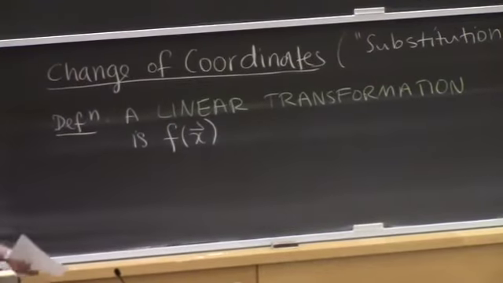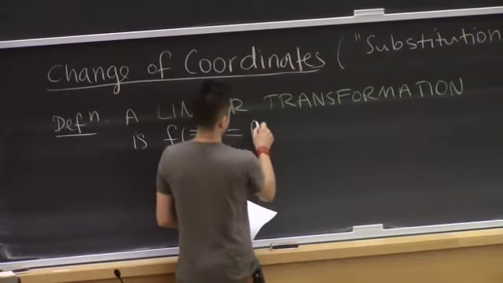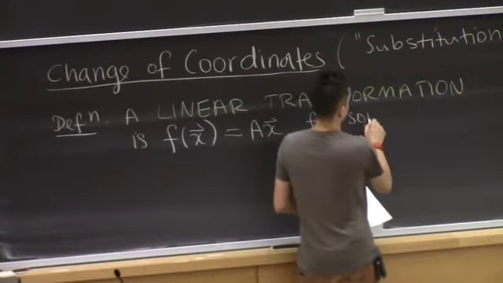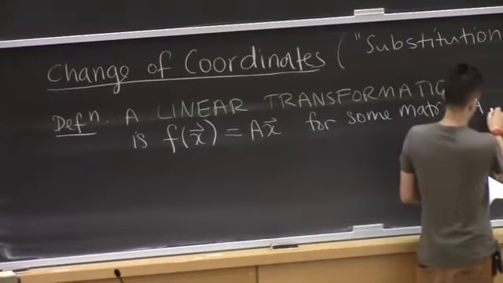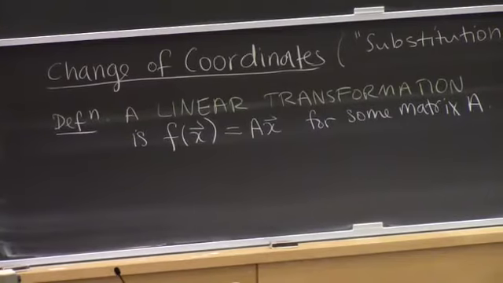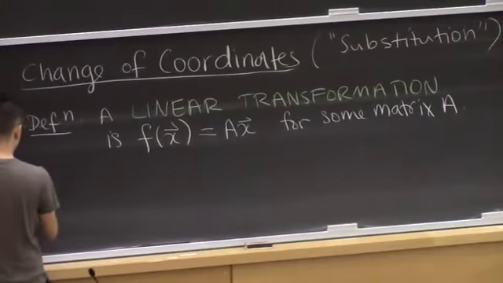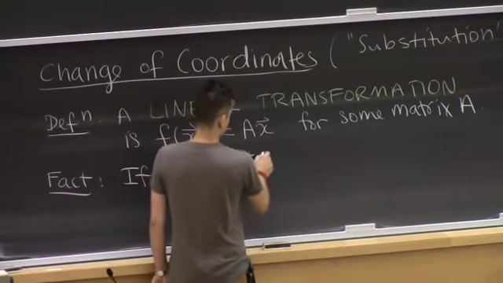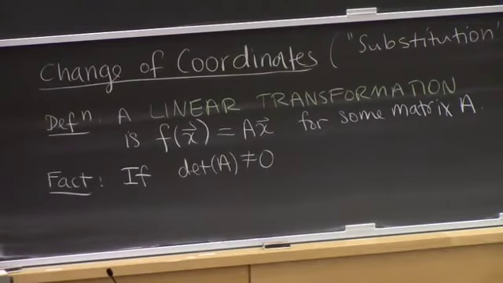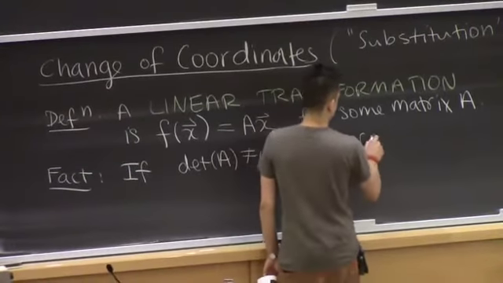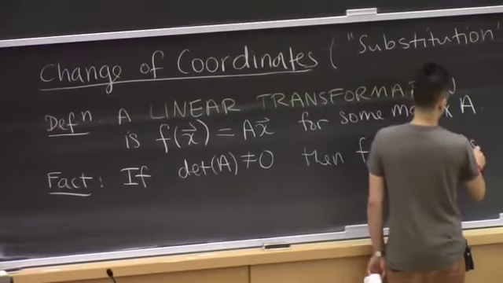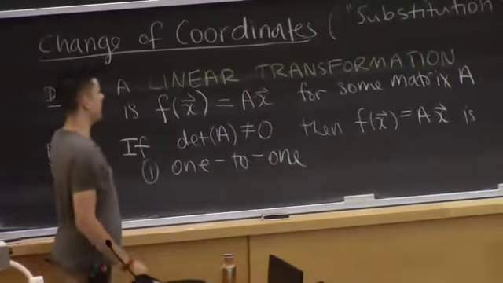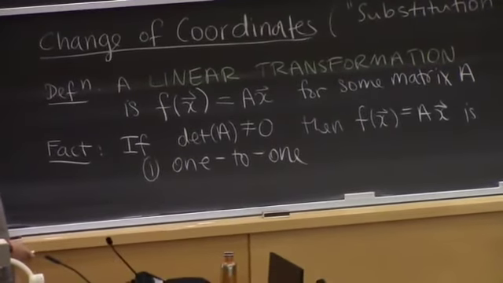A linear transformation is a function that takes a vector and outputs that vector times a matrix A, for some matrix A. And at the end of Tuesday's lecture, we briefly talked about the following: if the determinant of A is not 0, then the linear transformation is 1 to 1.